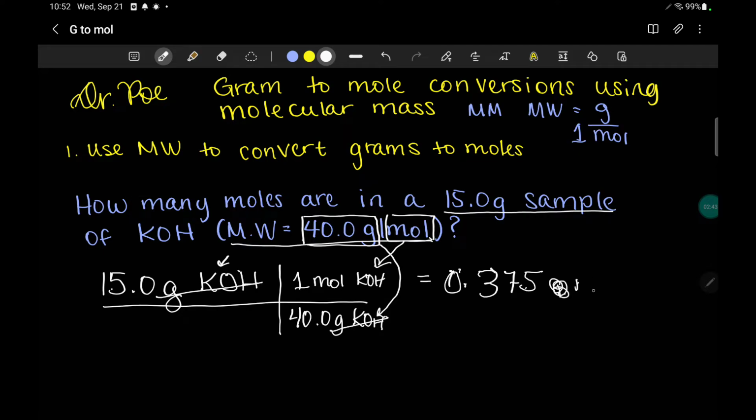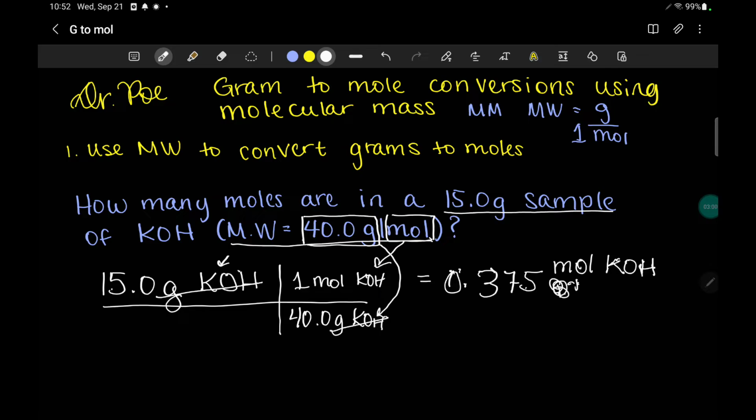Moles is going to be the appropriate unit here, of KOH. Okay, so that's one way to do it.